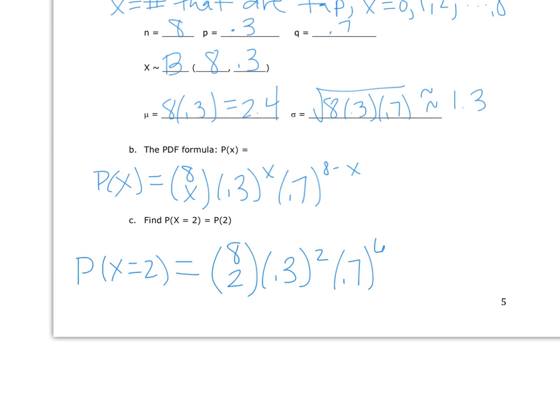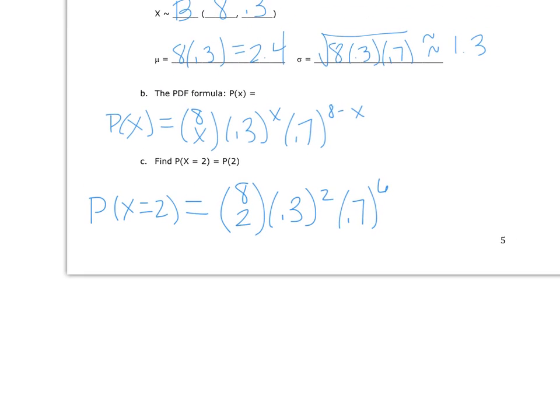Here's where you need to pull out that calculator and use your combinations to come up with what that is, which in this case is 28. And then 0.3 squared, just 0.09. And 0.7 to the 6. We get something like 0.117 dot dot dot.